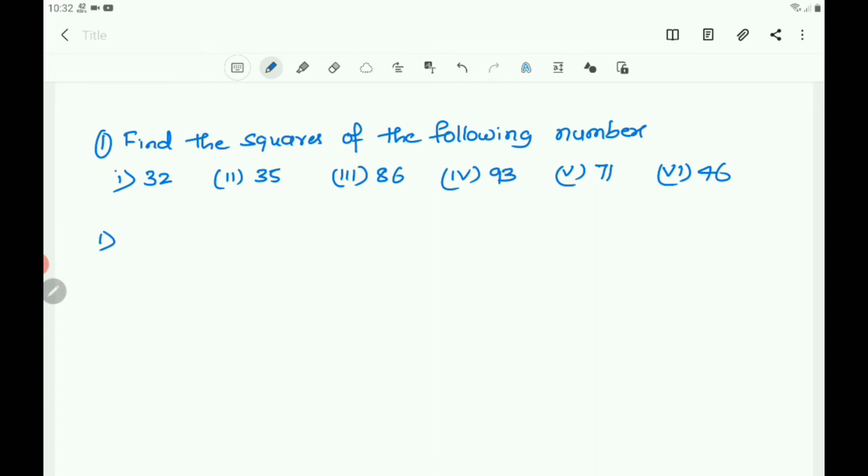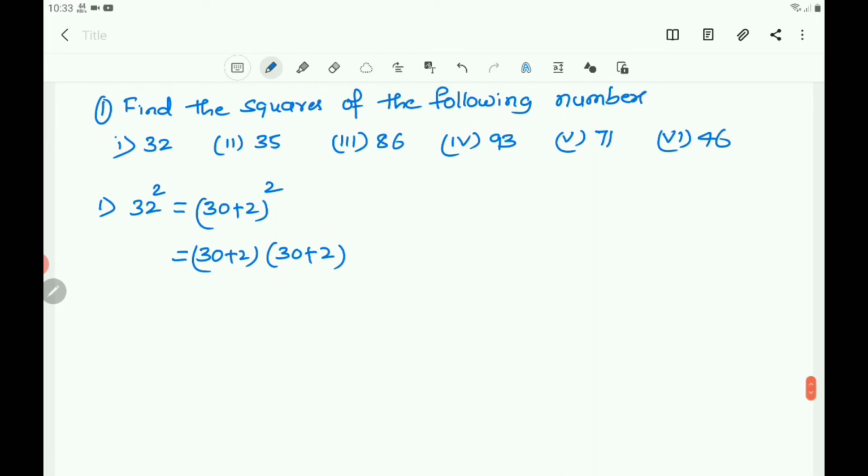First one, you take 32. You can express this in the form 30 plus 2, and square of 32 means (30 plus 2) whole square. Here we have to find the squares, so we write 32 square equals (30 plus 2) square, that equals (30 plus 2) into (30 plus 2).